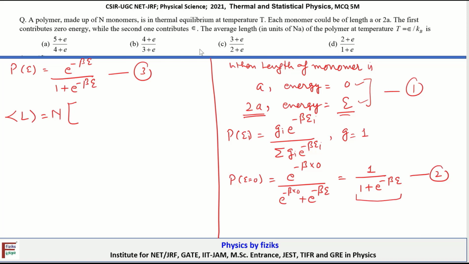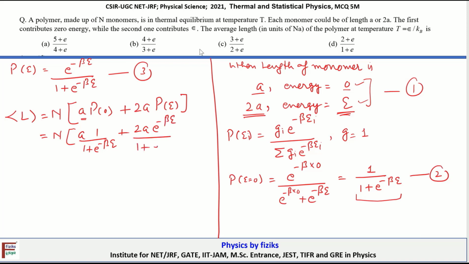That is A times the probability of having energy 0, because A is the length of the monomer with corresponding energy 0, plus the length 2A multiplied by P_E, the probability corresponding to energy E. After substituting the values of P_0 and P_E, we obtain N multiplied by A into 1 upon 1 plus exponential minus beta E, plus 2A exponential minus beta E upon 1 plus exponential minus beta E.